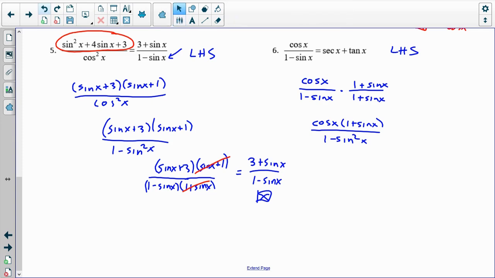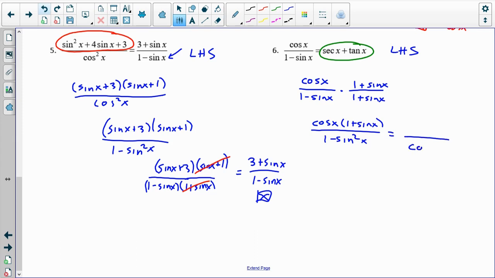So our goal, once again, is to get to secant plus tangent. That's our objective. And in order to get to secant plus tangent, I have to keep a plus sign in the problem. 1 minus sine squared is cosine squared, and we know that from the many times we've done it.